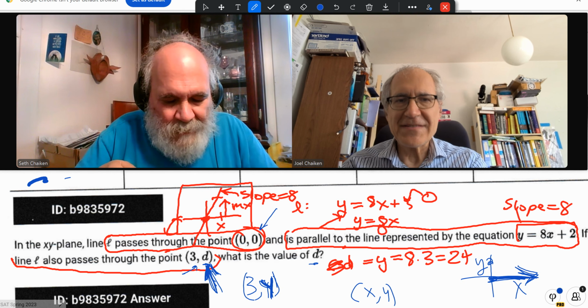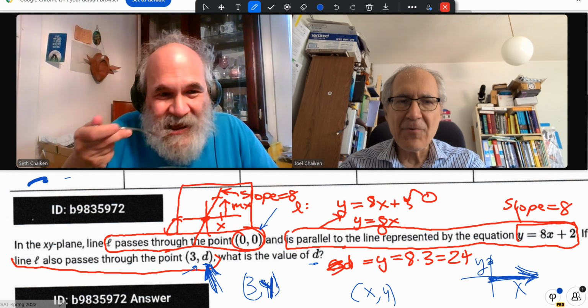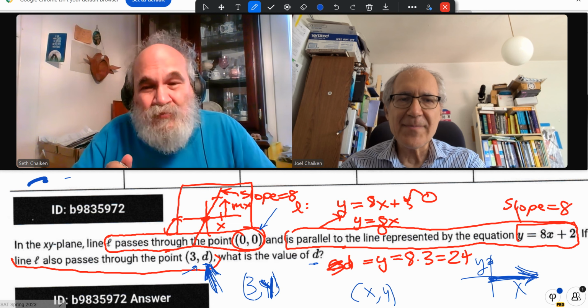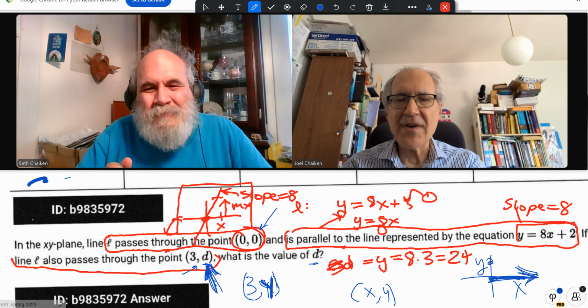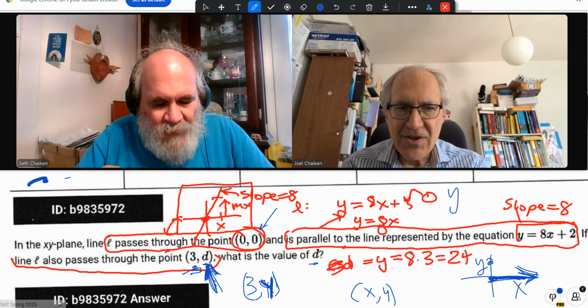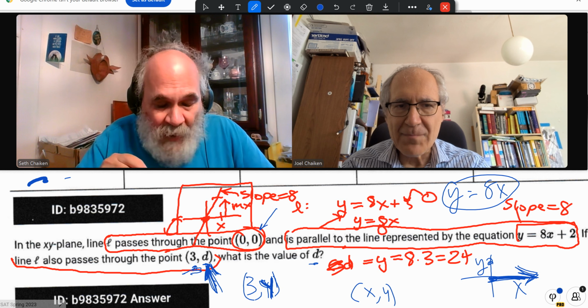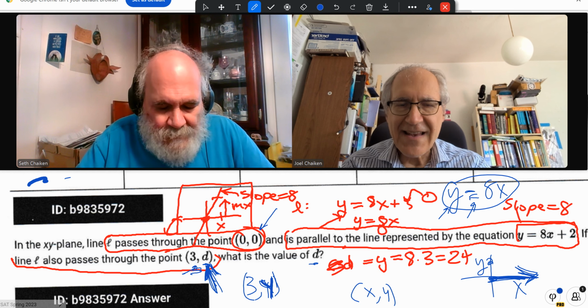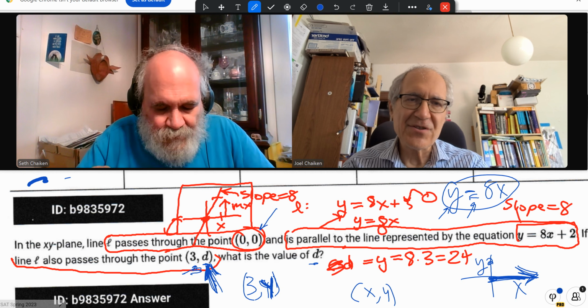Seth basically mentioned those already, but I want to emphasize this idea that so many people take for granted. Once you have an equation, a rule, y is 8x, every point on this line satisfies the equation of the line.